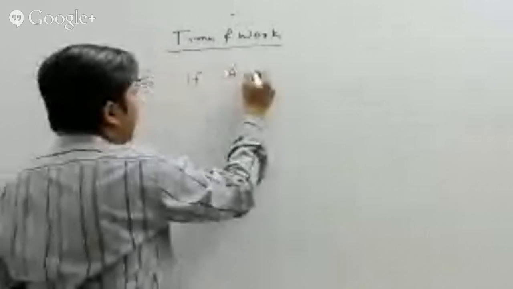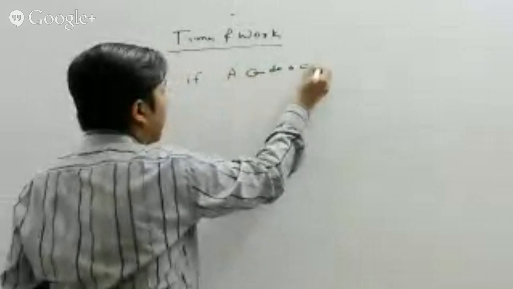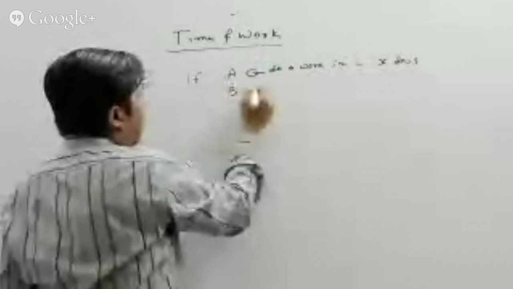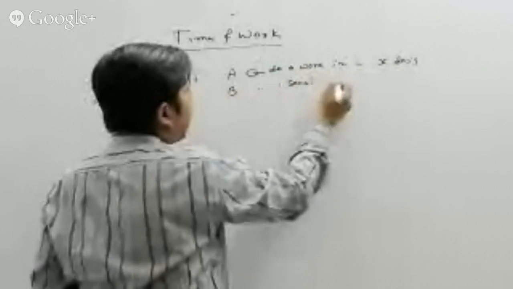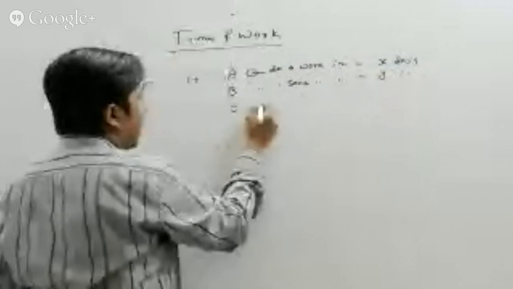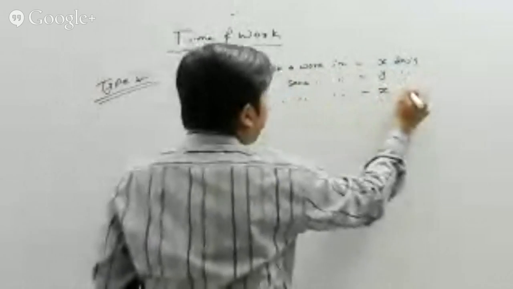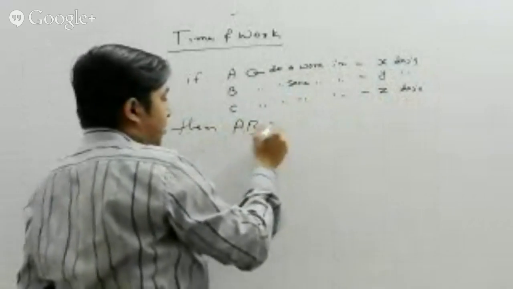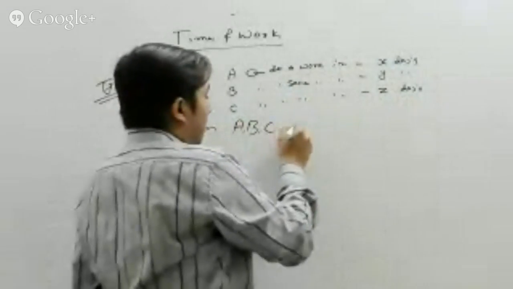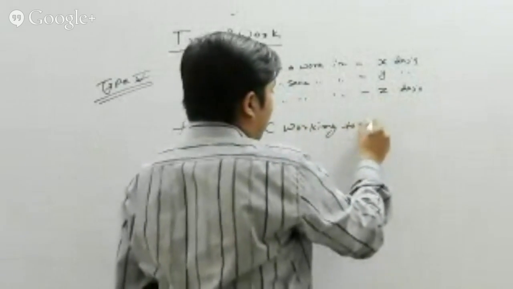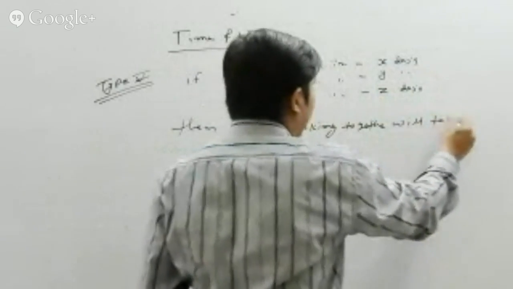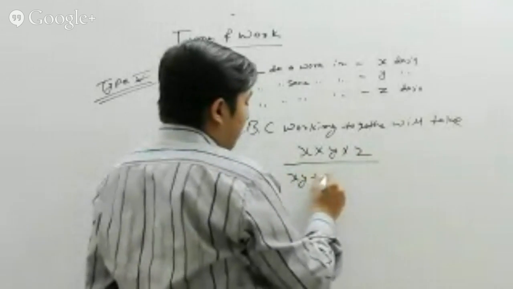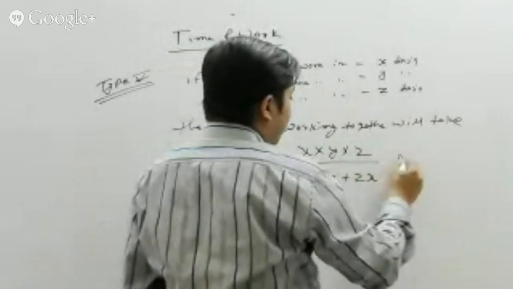If A can do a work in X days, B can do the same work in Y days, and C can do the same work in Z days, then A, B and C working together will take X into Y into Z by XY plus YZ plus ZX days.